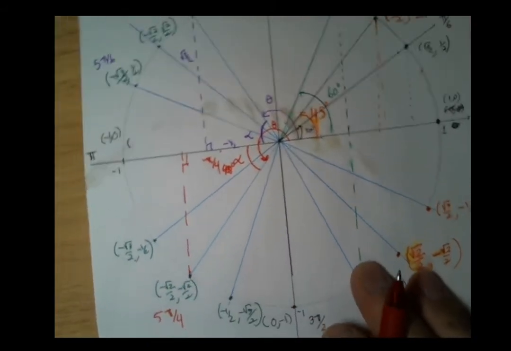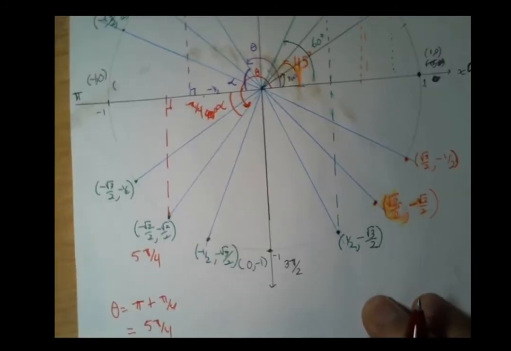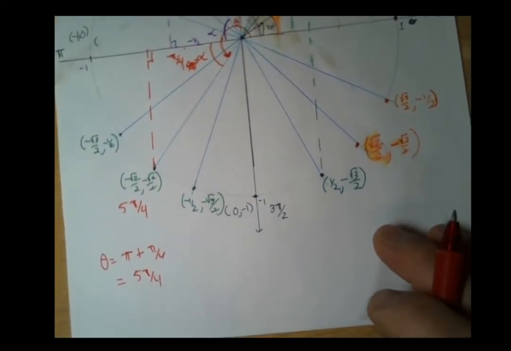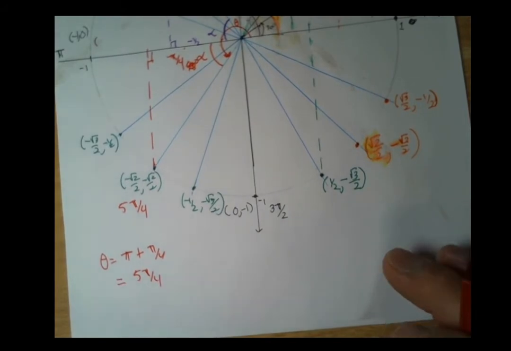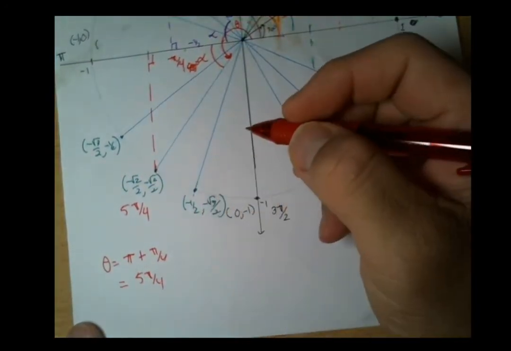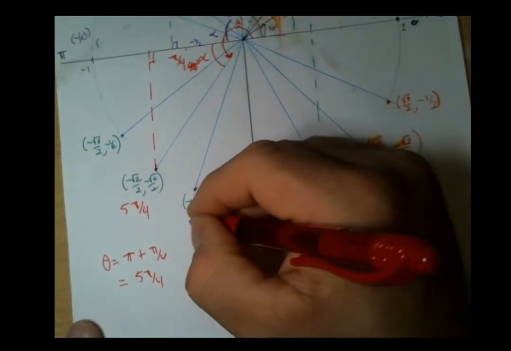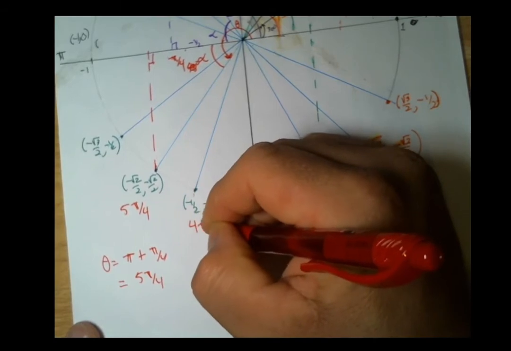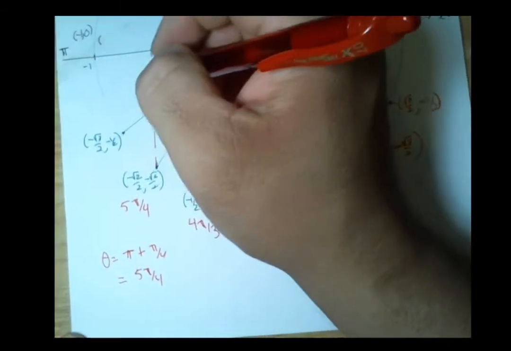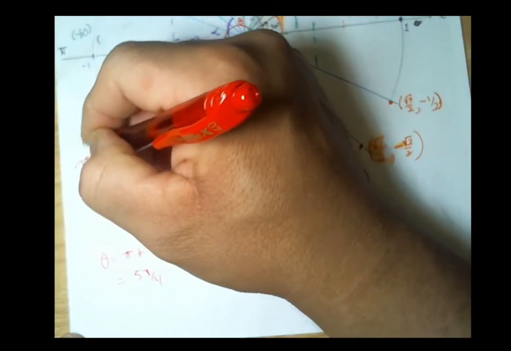And using a similar operation here, we can come up with this, which will become 4 pi/3. And this is 7 pi/6.